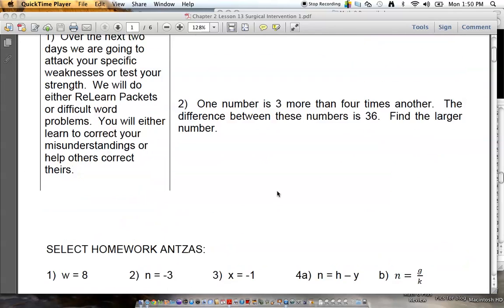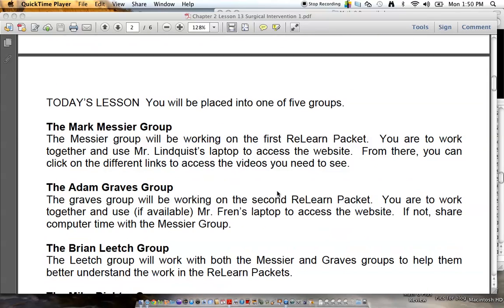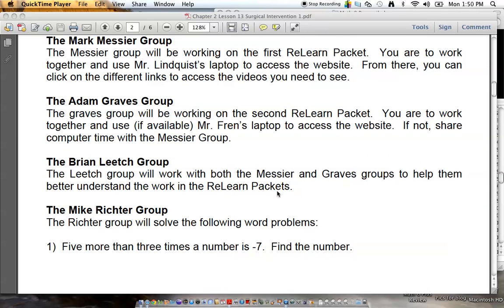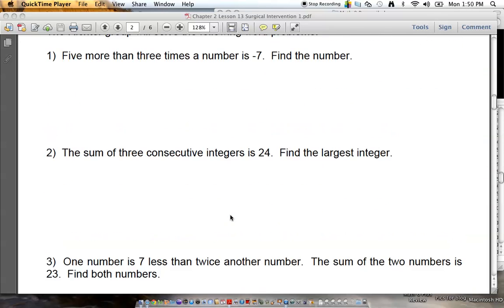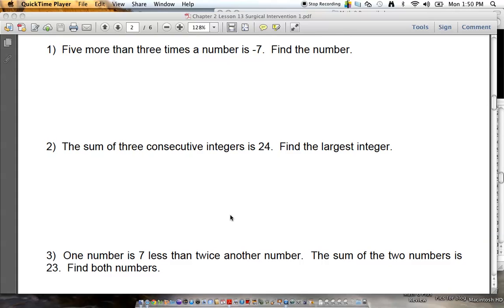You have your choice. You can take out your relearn packet, work on a little bit, or you can work on some of these word problems right here, whichever you think you need more work with at the moment. Begin. Go.